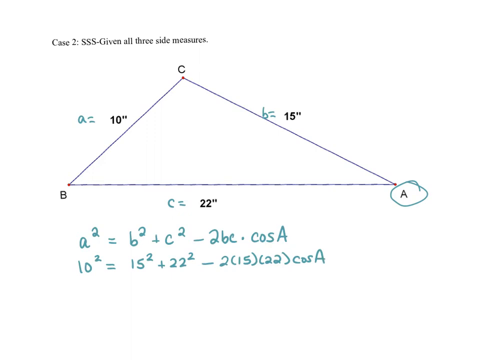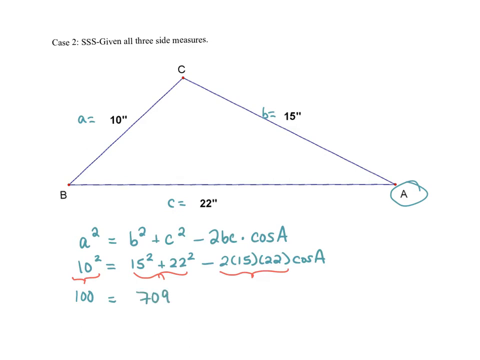And again, like we talked about on the last problem, let's look at this in chunks. So 10 squared, that's a pretty easy one, that's 100. 15 squared plus 22 squared is going to be 709.